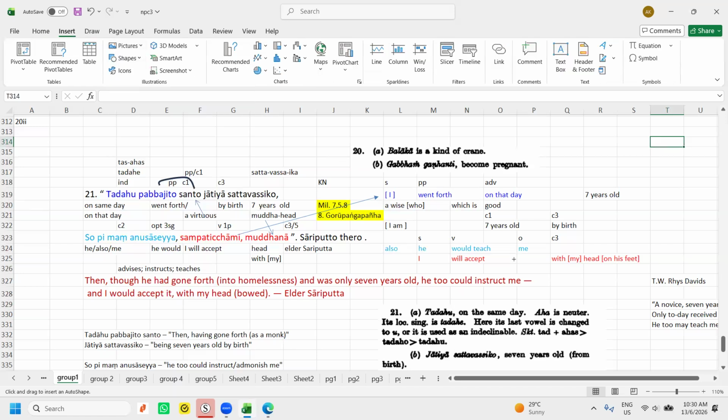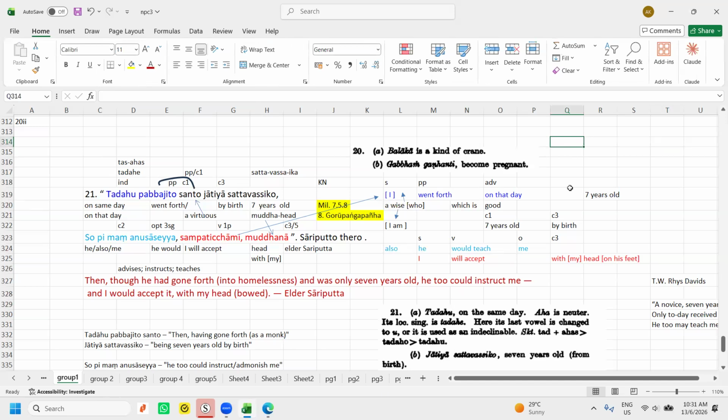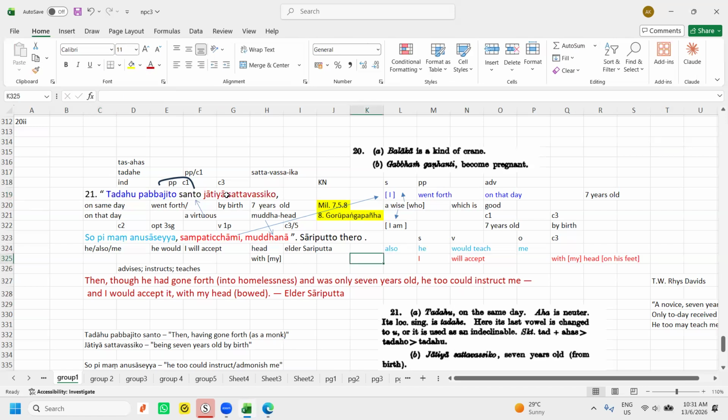I'm pointing to this, pointing to this. You see, this junction, this junction, okay.